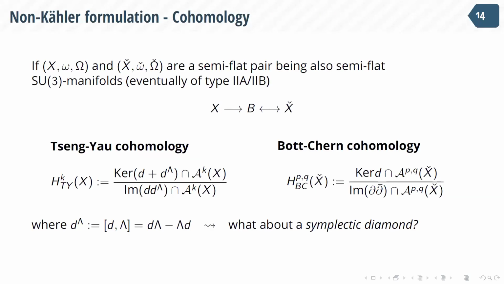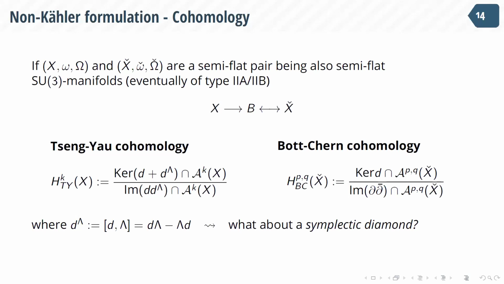While on the symplectic side, we can use the more recent cohomology introduced by Tseng and Yau, which is defined as the kernel of the d operator plus the d lambda operator mod the image of the d lambda operator. We recall that d lambda, in the spirit of the Kähler identities, is defined as the commutator of the d operator with lambda, which is the dual Lefschetz operator.